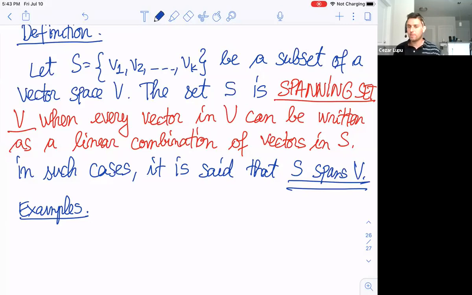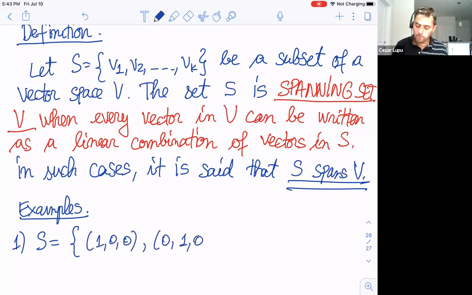And the first example that I have in mind, I will consider a set S, which will consist of these vectors: 1, 0, 0 in R3, 0, 1, 0, and 0, 0, 1. So this is the set.